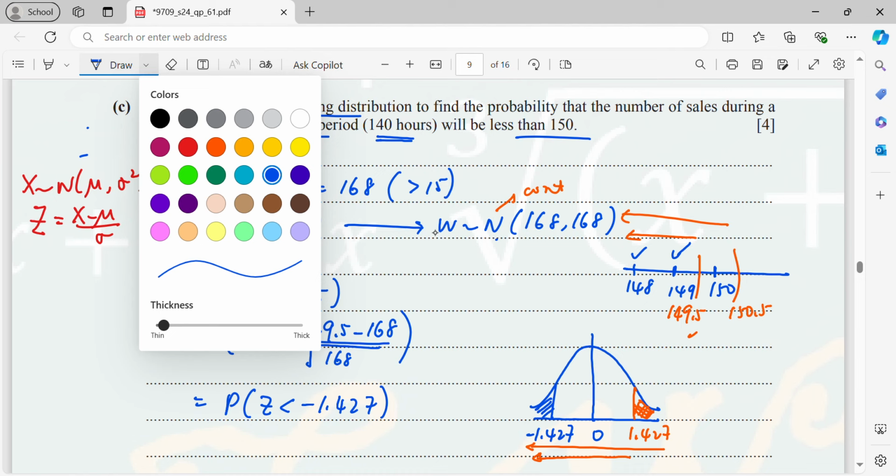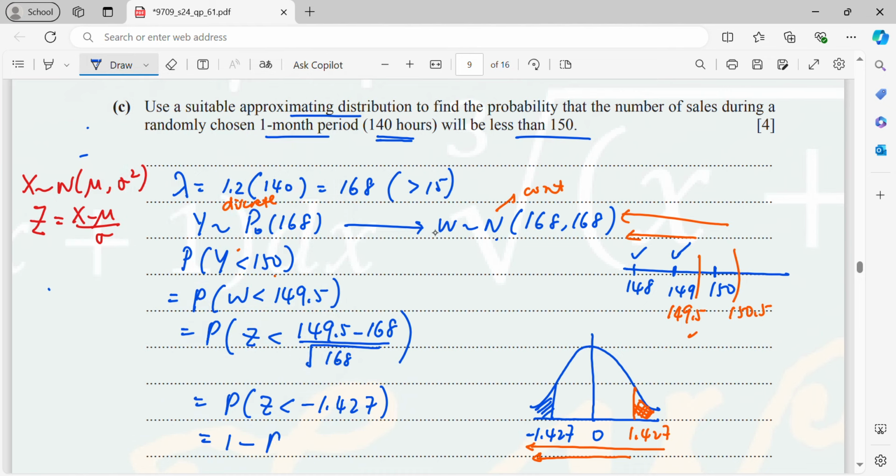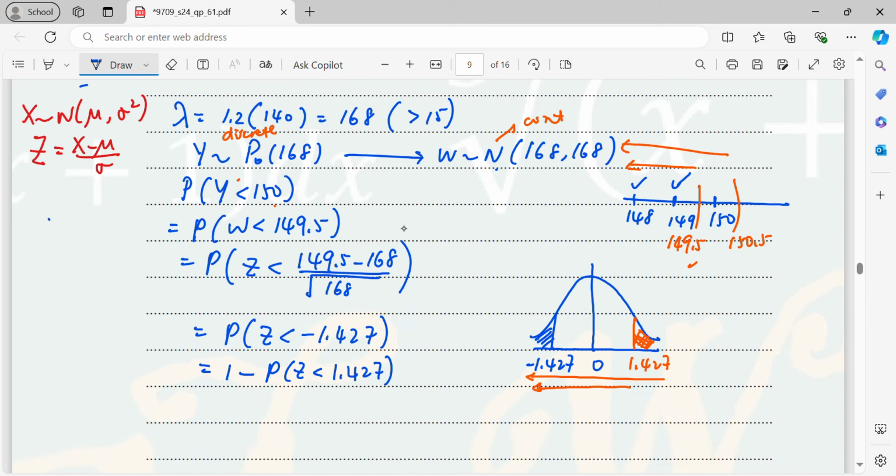So this is 1 minus P(Z less than 1.427). Now read the probability from the table, and you will get 0.9232, and then the answer will be 0.0768. So that's all for this working.